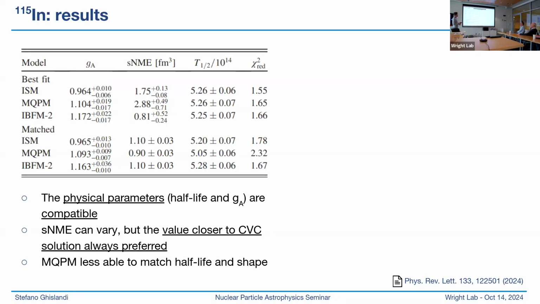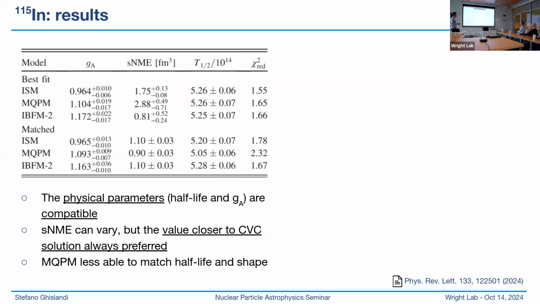The half-lives in this case are also quite compatible, apart from the matched fit of the QPM model, which is also characterized by a very bad chi-square, at least with respect to the others. So it's probably less reliable, and this model is not really able to match both the half-life and the shape. So something needs to be adjusted there.